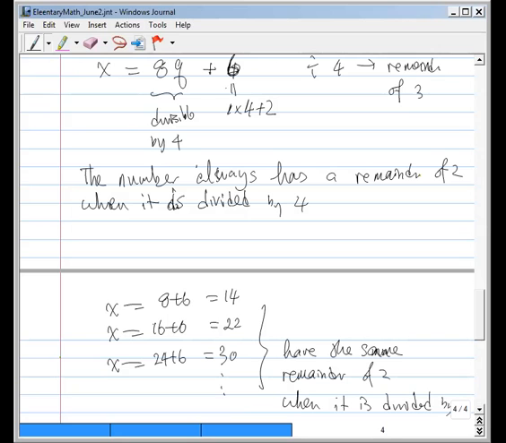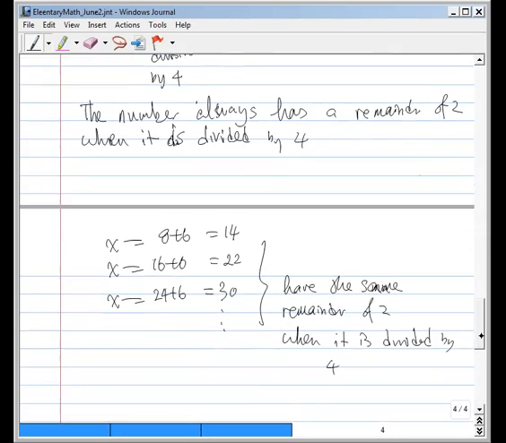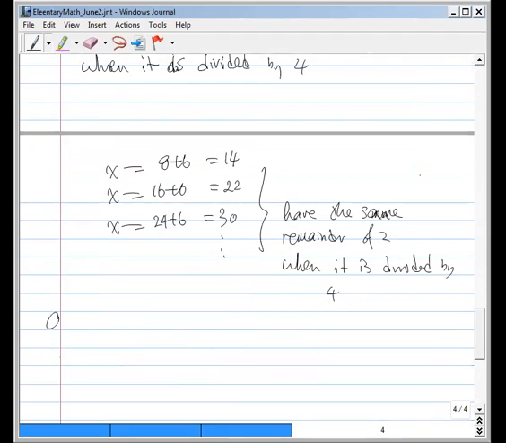Now our next problem is using the remainder to solve the problem. Okay, I have a string of flags, okay? And I have this is a red color, then I have a blue, then I have a white, and white.